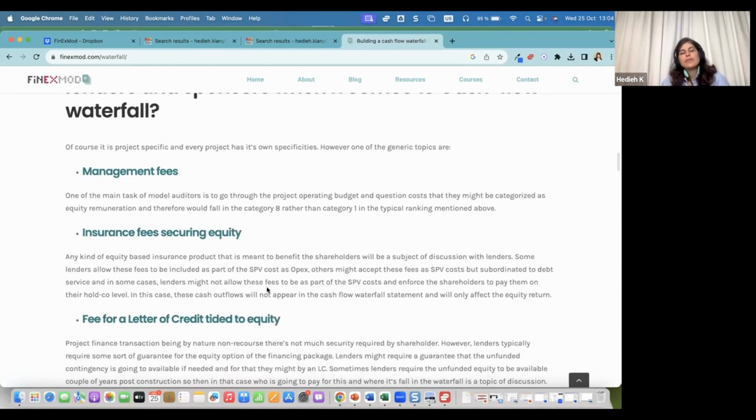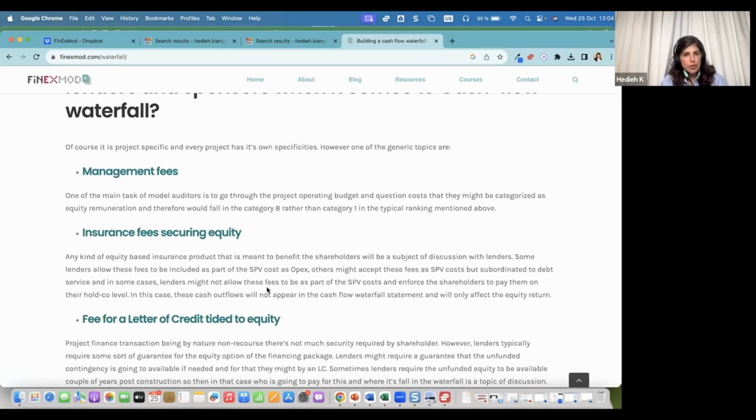Then we have insurance fees for equity. That has been a topic of discussion that I have seen a lot. When developers and sponsors come and invest in a country that they consider not really politically secure, they want to get some products that can secure their equity, right?